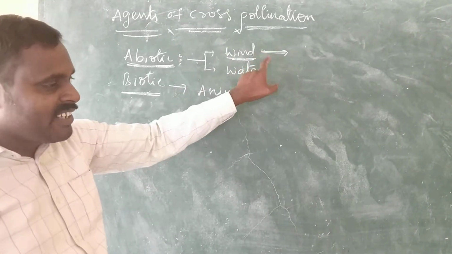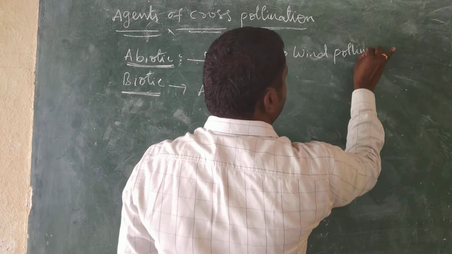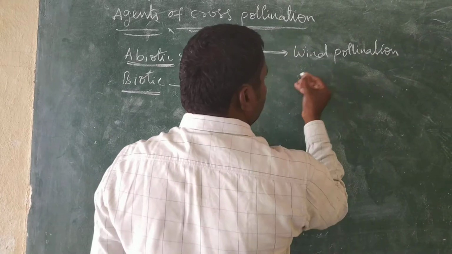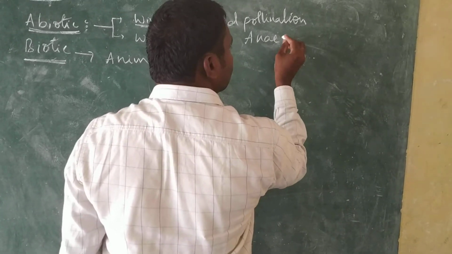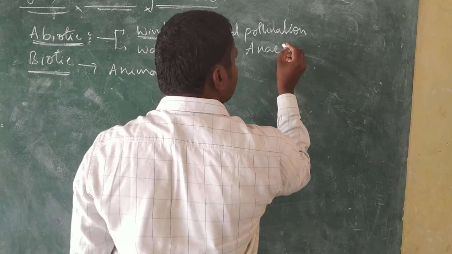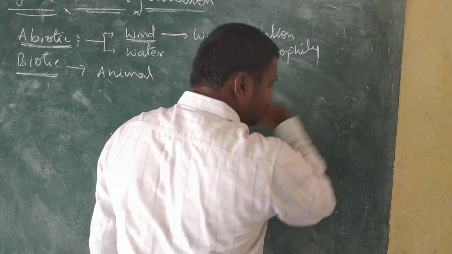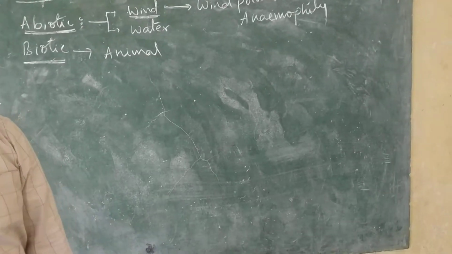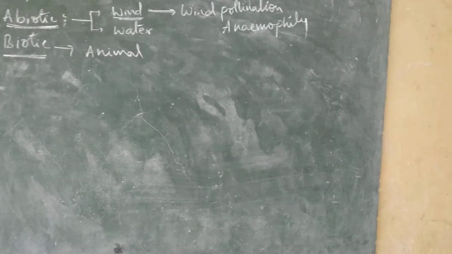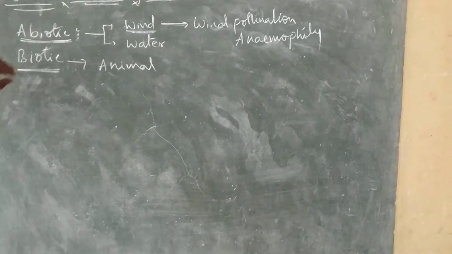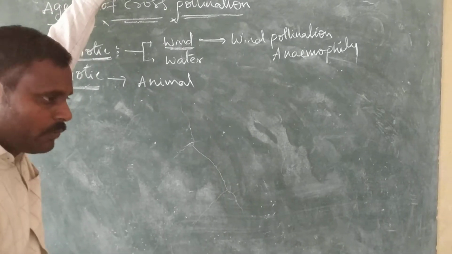Pollination that takes place through the wind is called wind pollination, also called anemophily.